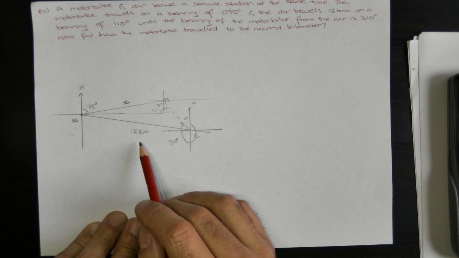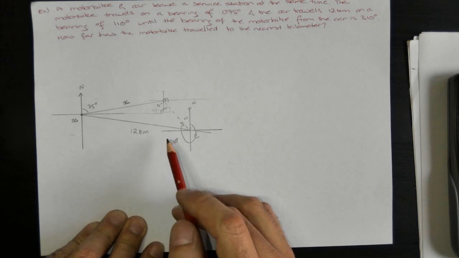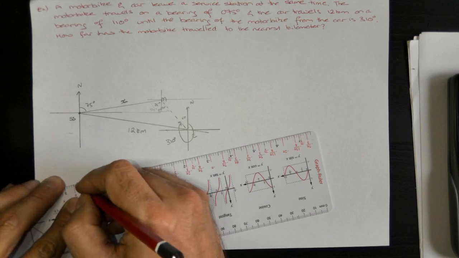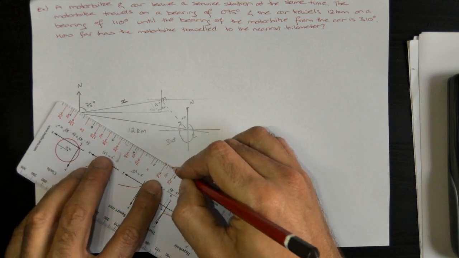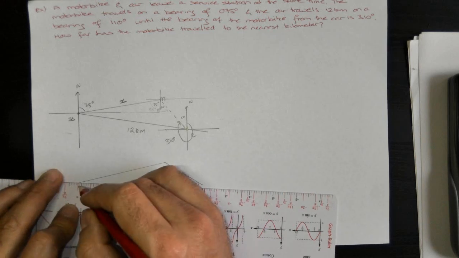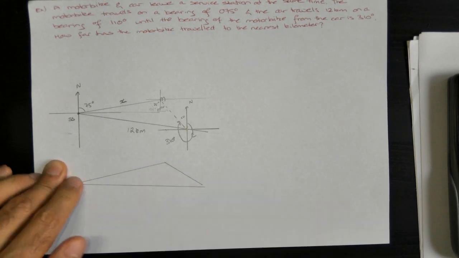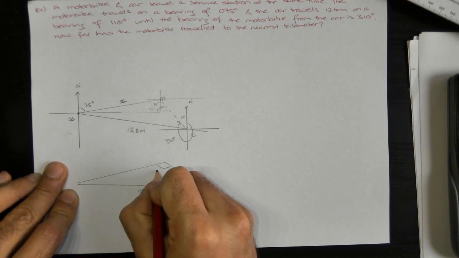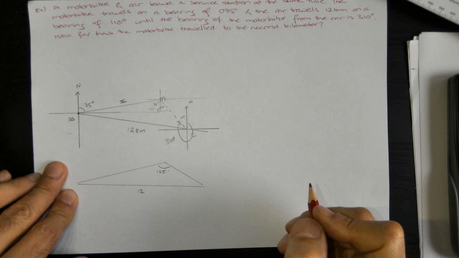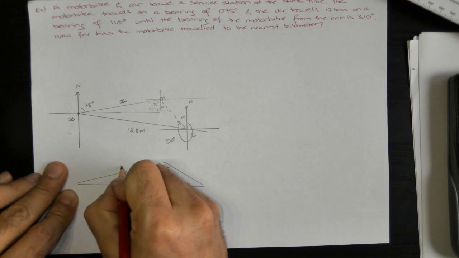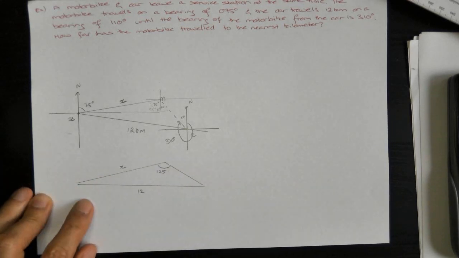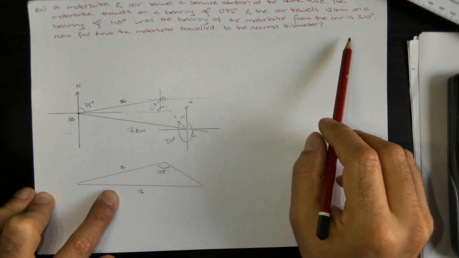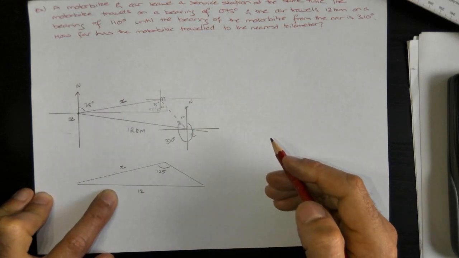In this case, I'm actually going to have to use the sine rule, because what I have is a triangle. I have 12 kilometers, I have 125, and I have x, and I want to figure out what that measurement is. I don't have any more information.